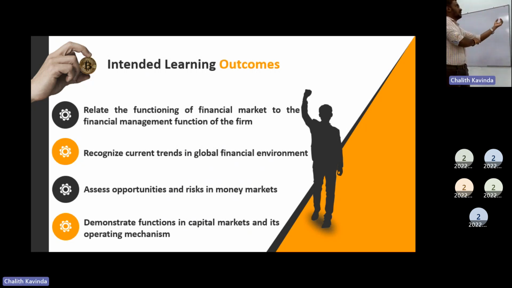Then you are going to recognize the current trends in the global financial environment. Then the third one is to assess opportunities and risk in money markets. And finally, to demonstrate the functions in capital markets and their operating mechanism. So these are the learning outcomes that you will get once we complete this lesson. Right? Okay.